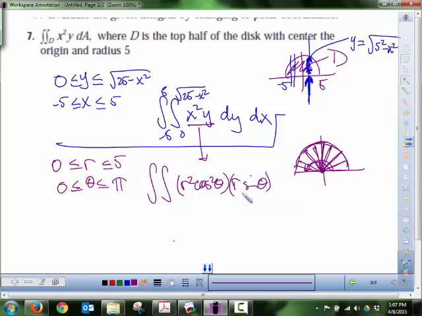So that takes care of the integrand. Now our differential changes from dy dx to r dr d theta. Might sound funny, r dr d theta, but you always have to remember this. It's another common mistake that happens.